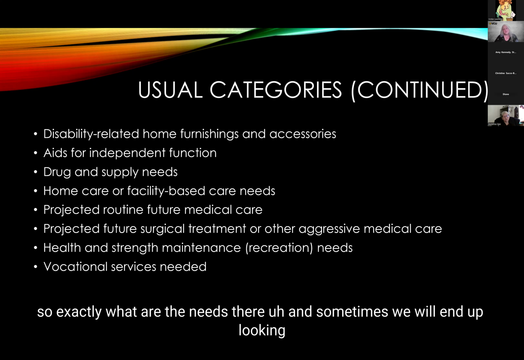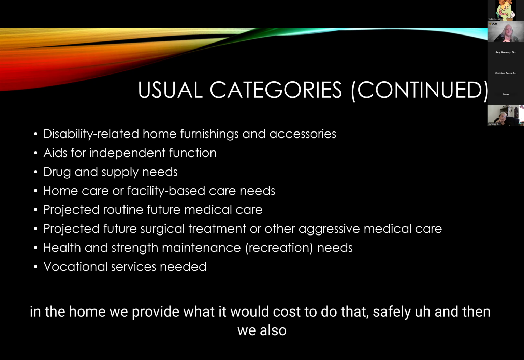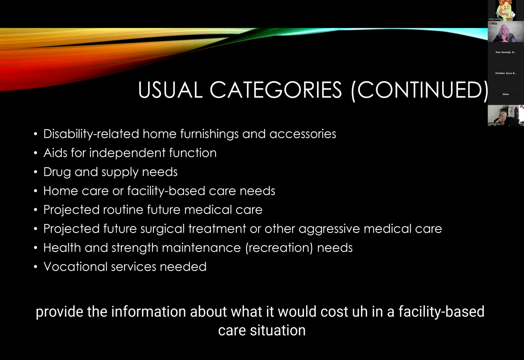And sometimes we will end up looking at options. So if, for example, a family wants to keep the person with a disability in the home, we provide what it would cost to do that safely. And then we also provide the information about what it would cost in a facility-based care situation.